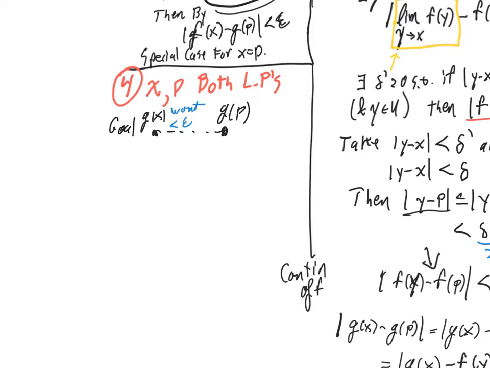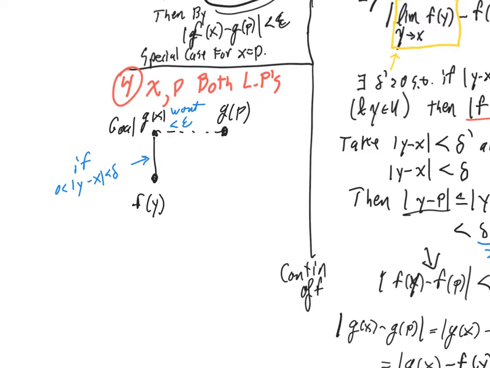And right now I know that g of x is the limit as y approaches p of f of y. So this will be true if the absolute value of y minus x is less than delta. I need to have one of those.